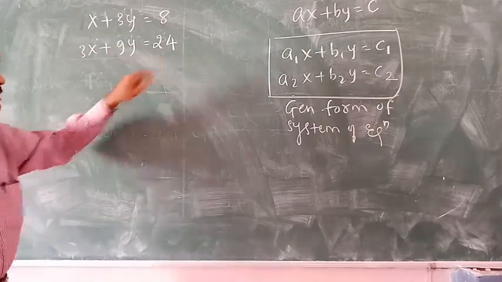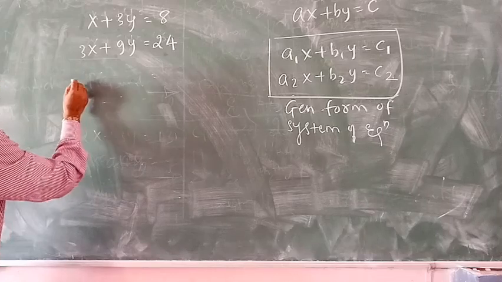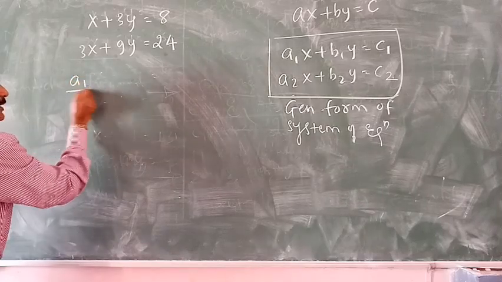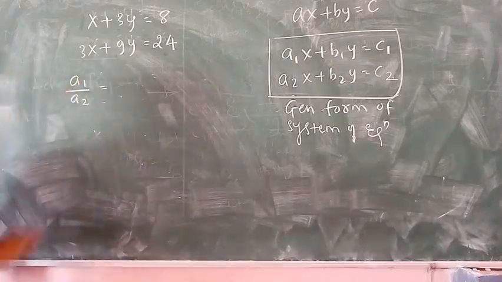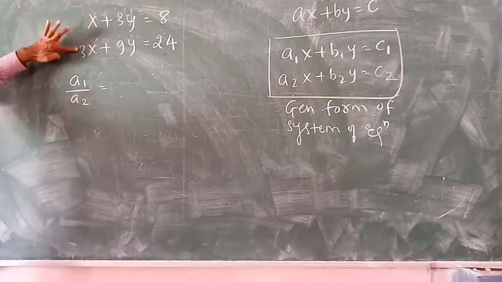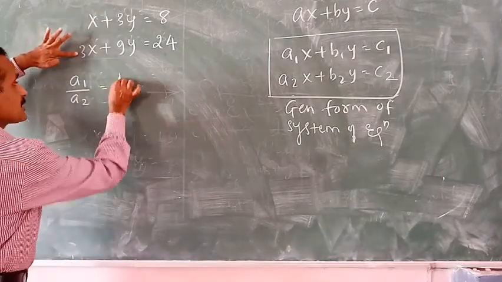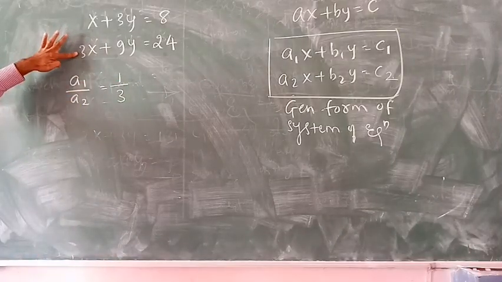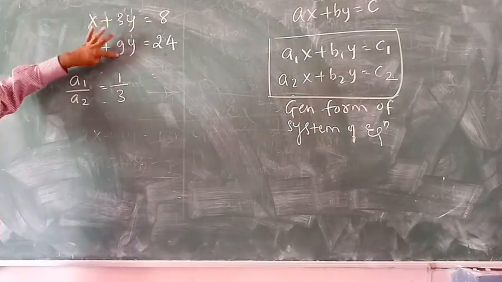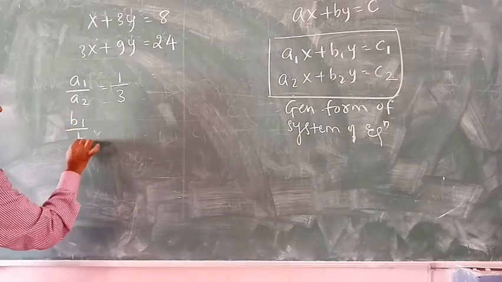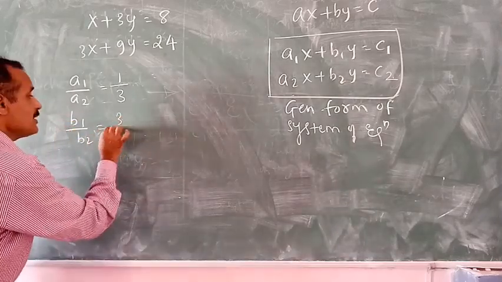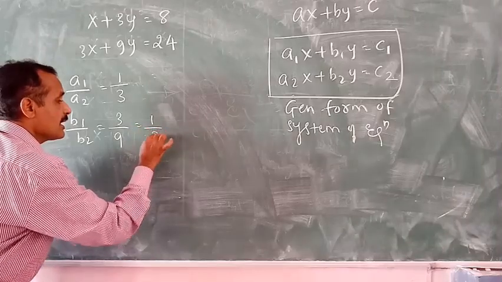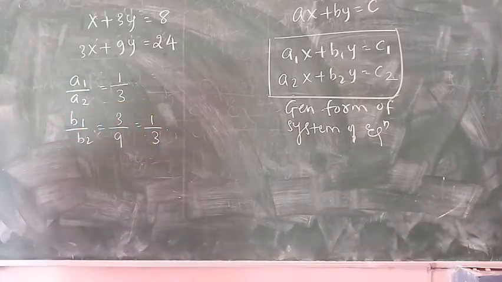Now I divide a1 by a2. The answer is 1 by 3. I divide b1 by b2, which is 3 by 9, and the answer is again 1 by 3.